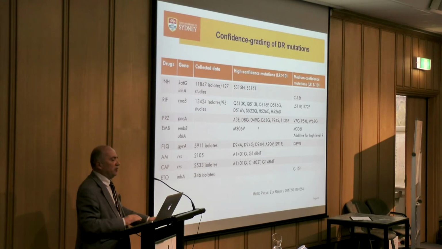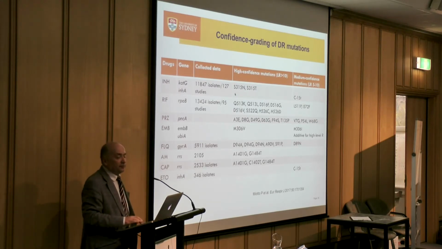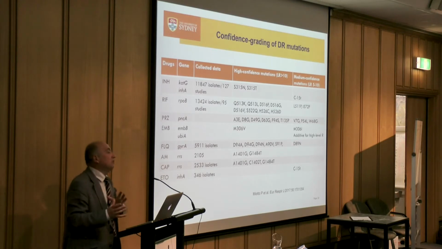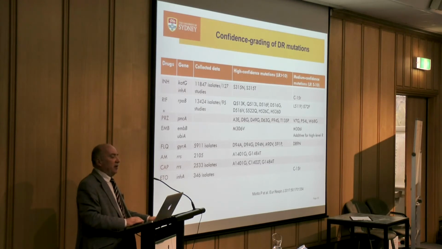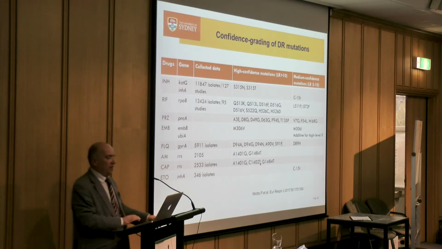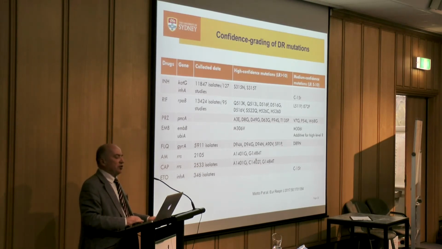We have a list of high confidence mutations in our RPOB gene, as well as mutations with a lower confidence of association between genomic and phenotypic data, for the PNCA gene, for ethambutol. Interesting thing is that changes in the same codon in the rrs gene lead to cross-resistance to amikacin and capreomycin, for example. And 8 codons downstream, it will be just a mutation leading to amikacin resistance only.